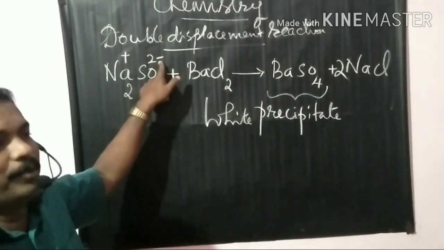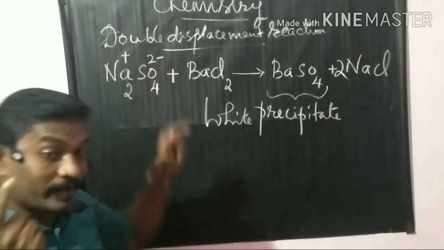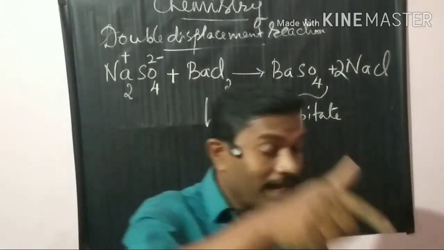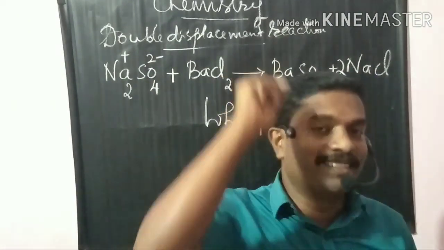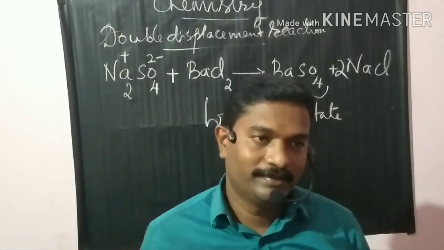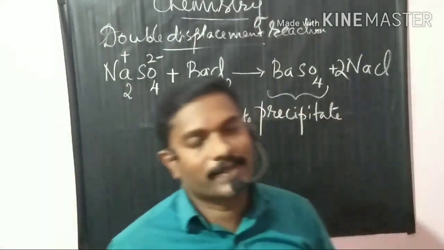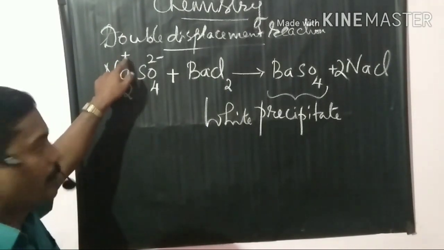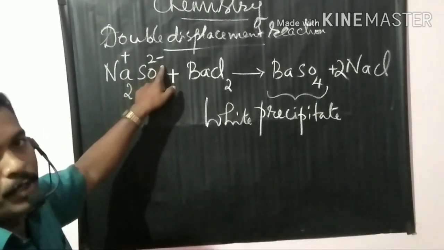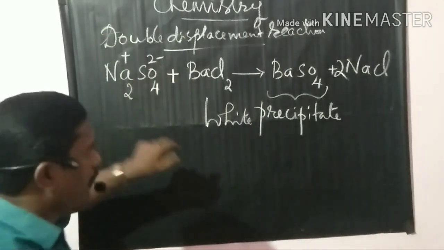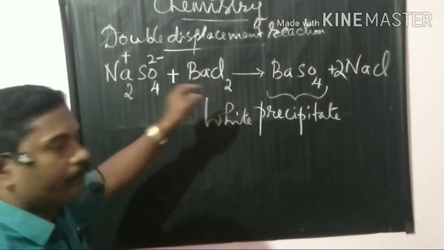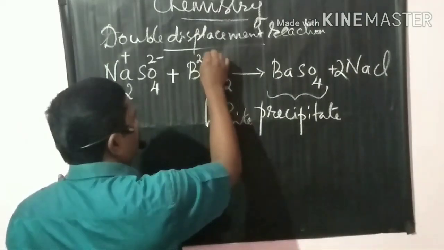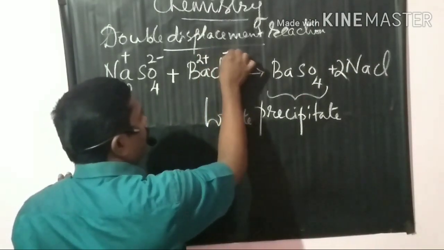Anion. Positively charged ions move toward the cathode during electrolysis. We already discussed that. Then here, cation Na plus, anion SO4 2 minus. Then what about barium chloride? Ba 2 plus and Cl minus.